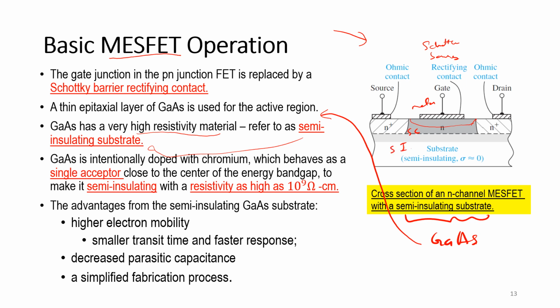So we must adjust the applied voltage, that is, the VGS that enables the current to flow from source to drain.